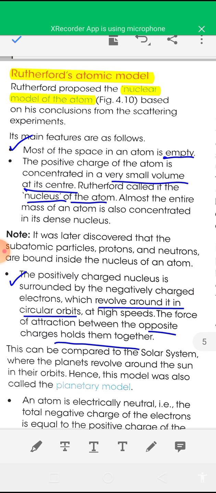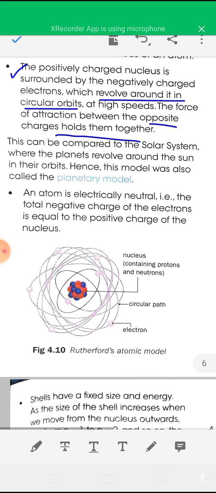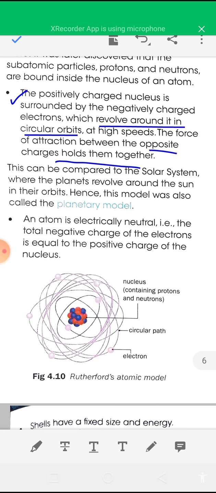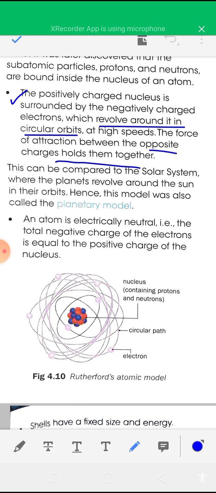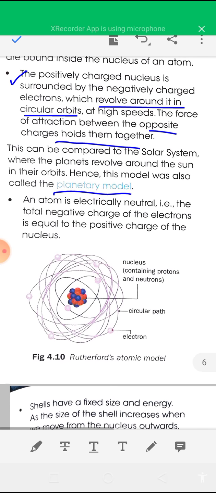So in Rutherford atomic model, the positively charged particles are present at the nucleus, and the electrons are revolving around the nucleus in different circular orbits. And this can be compared with the solar system, where the planets revolve around the sun in their orbits. Hence, this model is also called the planetary model of Rutherford.